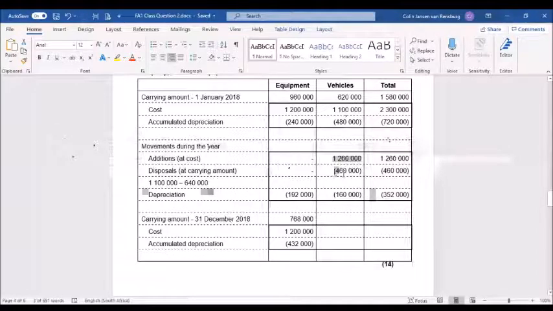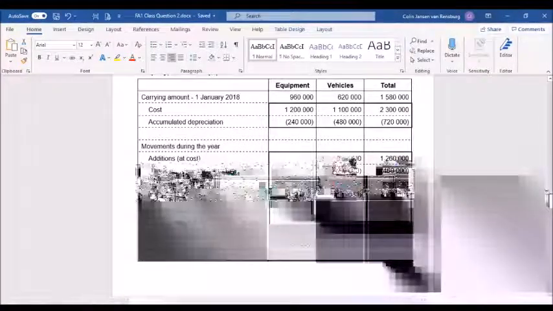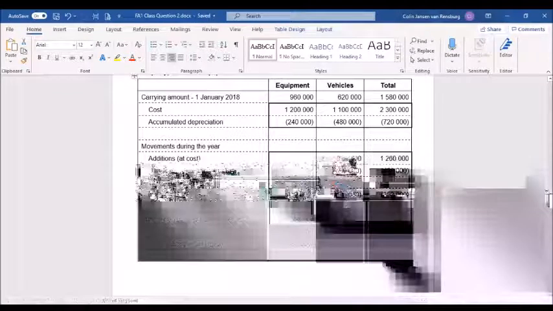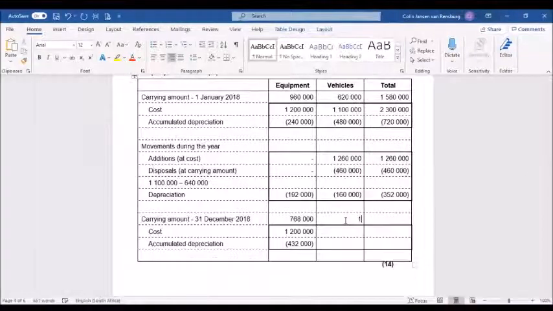And then we also need to go and deduct the 160,000, and then that must give us our closing carrying amount at the end of the year. So that should then be 1,260,000. If it isn't, then you must please notify me. So that then gives us our carrying amount at the end of the financial year.